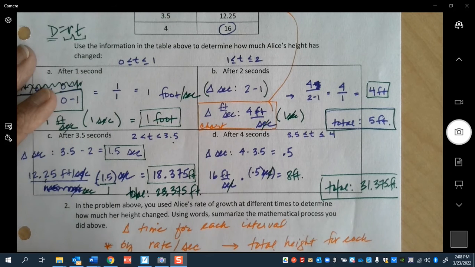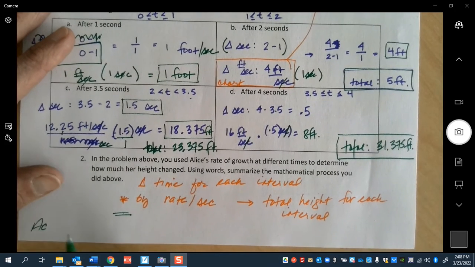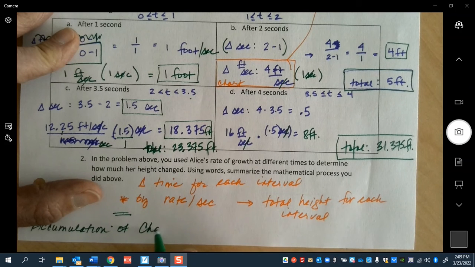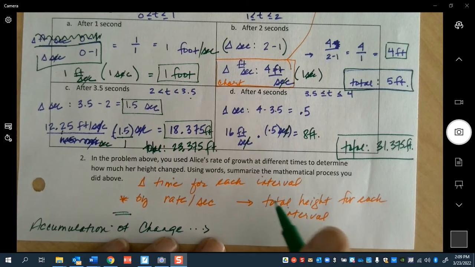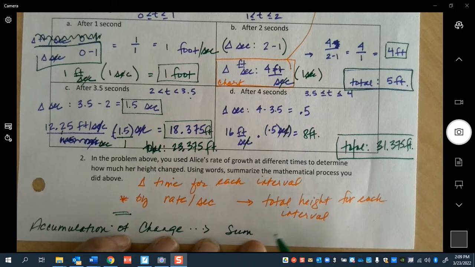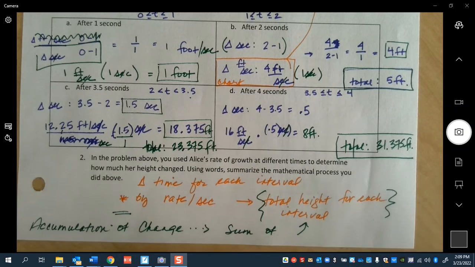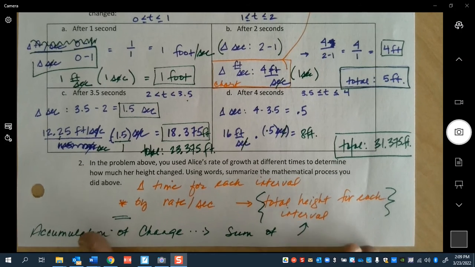Now get back to what we talked about, where we talked about what we're studying this unit. The accumulation of change is going to be the sum of all of these heights. And that gives us her total height. So I figured out the time in just that one interval.